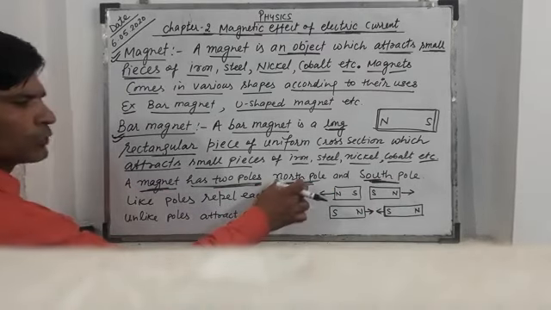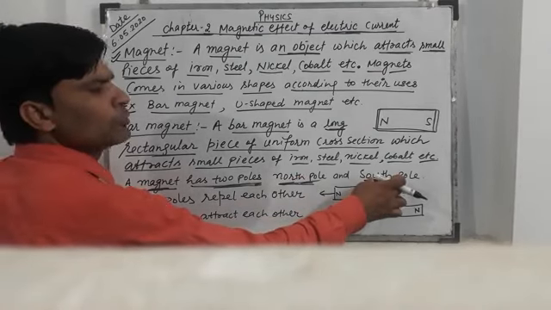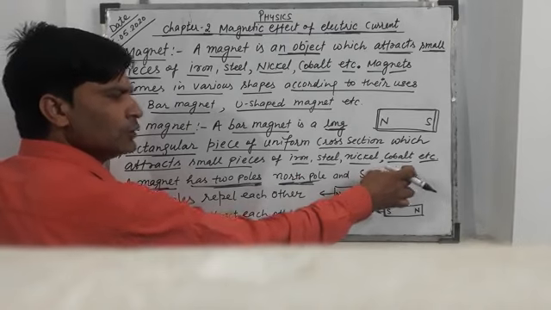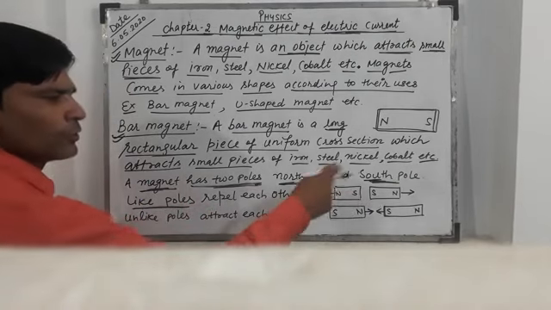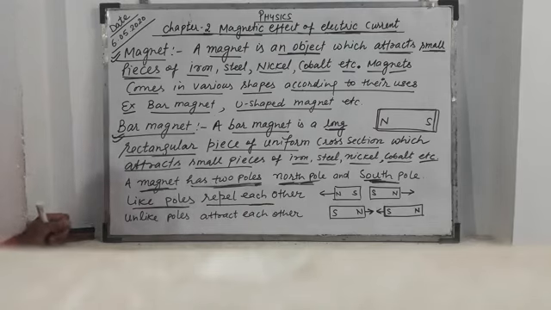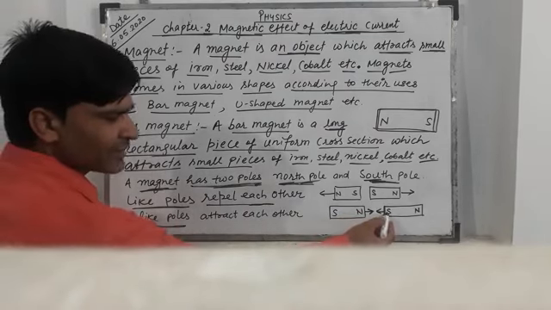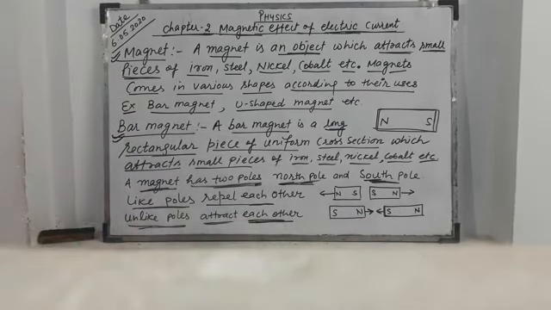The pole towards north is called the north pole, and the pole towards south is called the south pole. Like poles, meaning south-south or north-north, repel each other. Unlike poles, like north and south, attract each other.